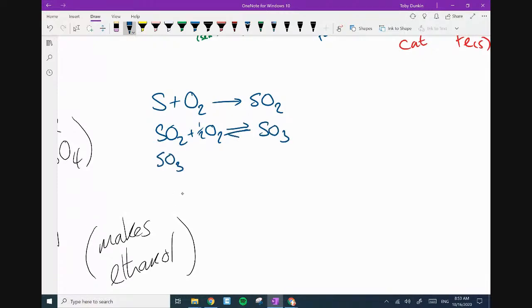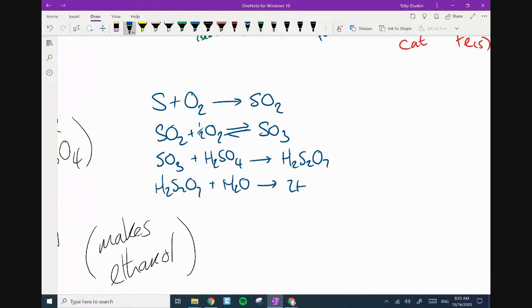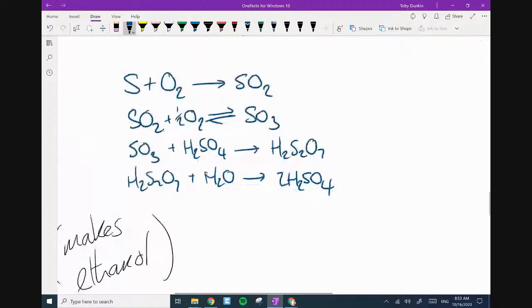SO3 reacts with sulfuric acid to make oleum, H2S2O7. H2S2O7 reacts with water to make 2 sulfuric acids.